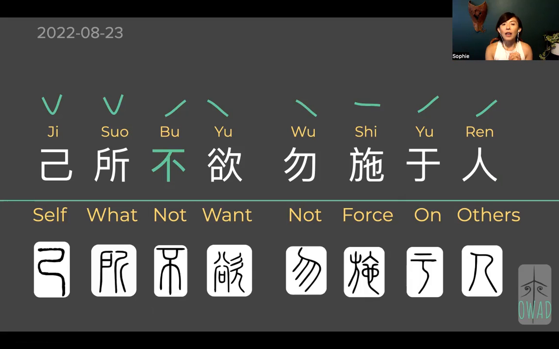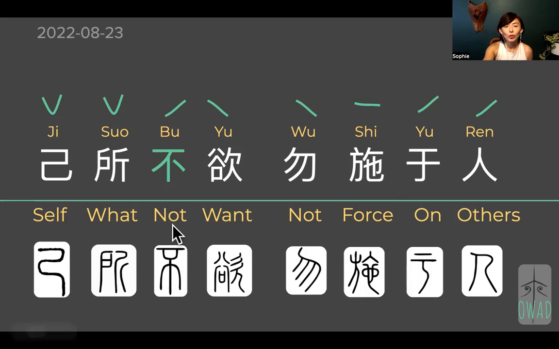That living space building eventually was used as a container, as a space referral. This space could mean not just a living space, but an abstract space that you can fill in with different content. So eventually it becomes what or whatever in English.